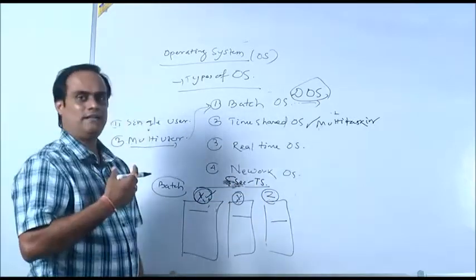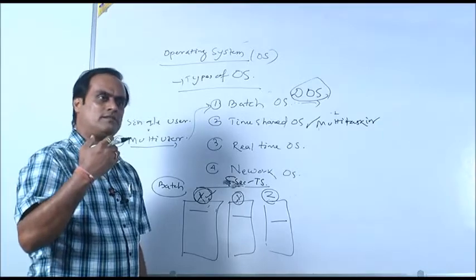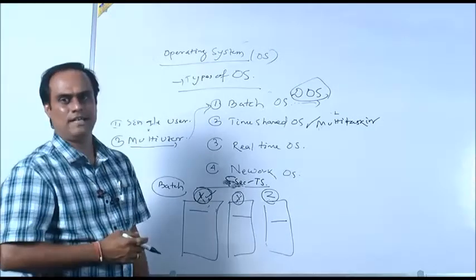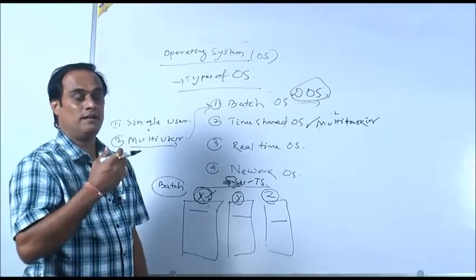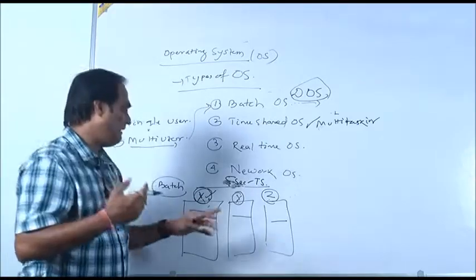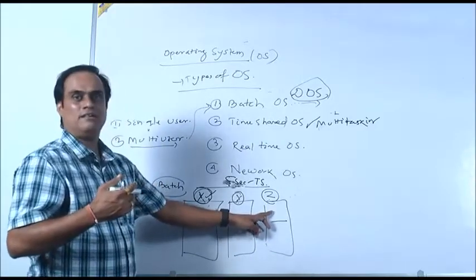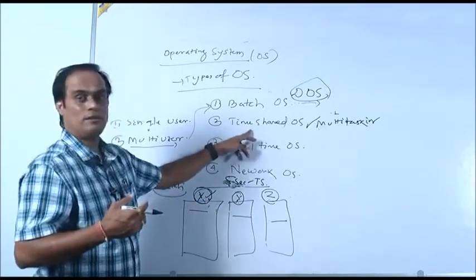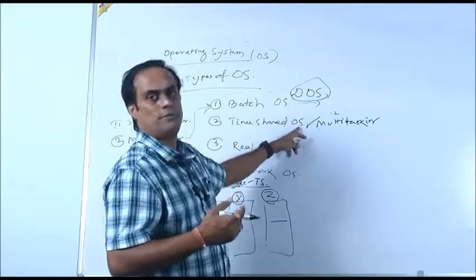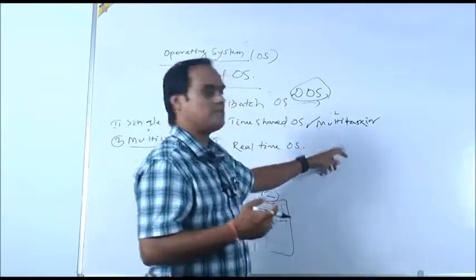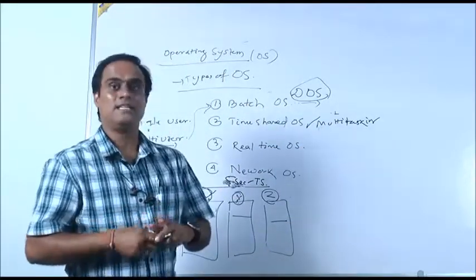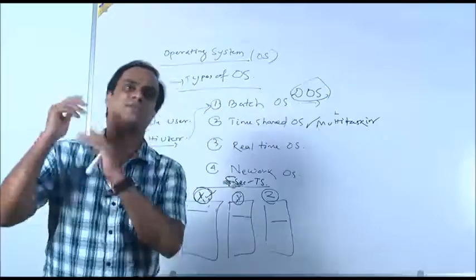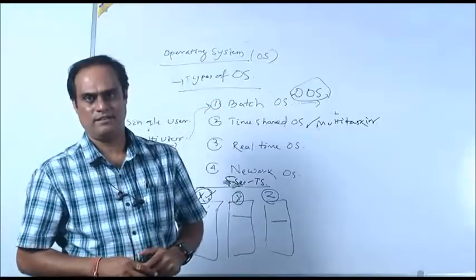It goes at such a speed that we can't feel it, so we feel that the 3 tasks are executing parallelly, but it is actually going on through the time shared operating system. Generally we call it multitasking, meaning multiple tasks can be executed simultaneously, yes or no.